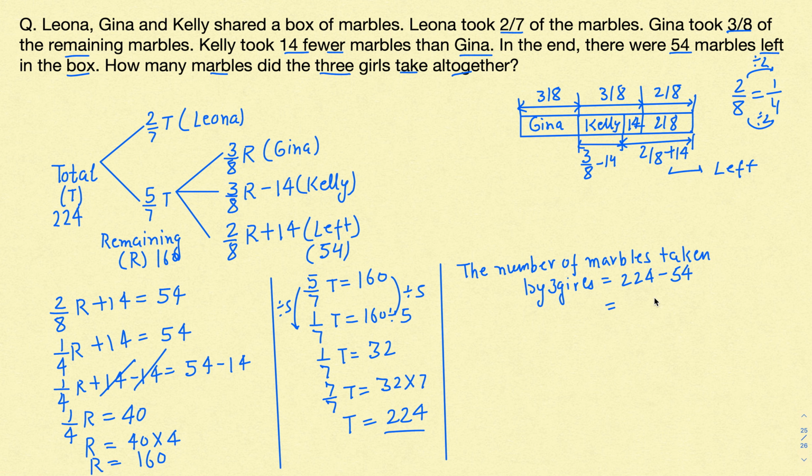So 224 minus 54 will give you 170. So the answer for our question is the marbles the three girls have taken all together is 170 marbles.